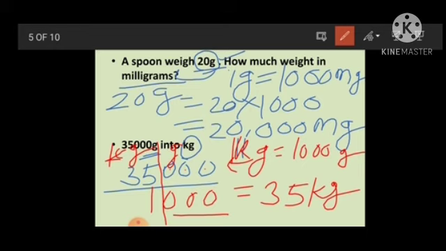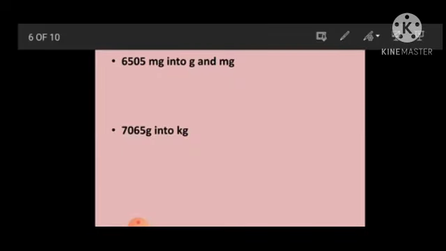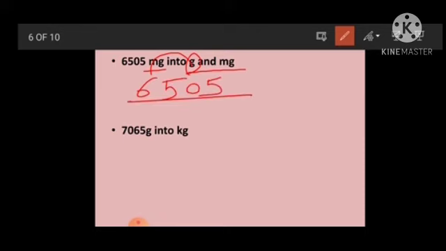Okay students, now next example. 6,505 milligram into gram and milligram. Again, milligram is a smaller unit and gram is a bigger unit. Smaller unit converted into bigger unit, what will you do? Divide. So 6,505 divided by, 1 gram is how many milligram? 1000 milligram.